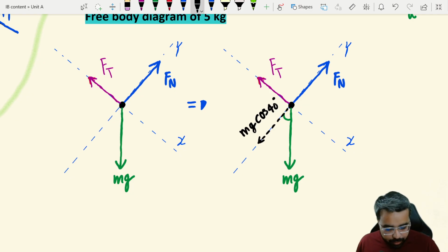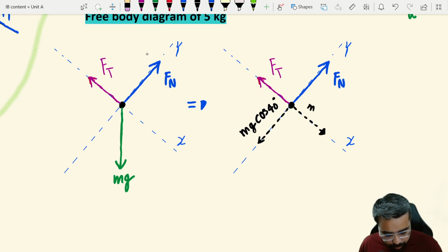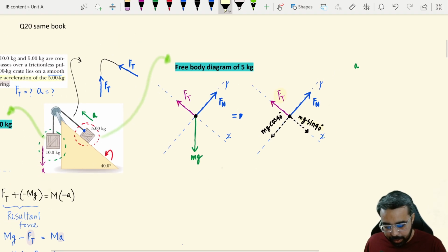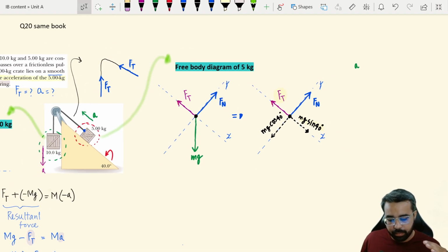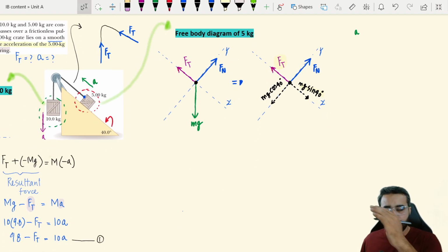The component that lies on the x-axis must be the x component. Since I have split mg into its components, I'm going to remove mg now, because we have already made its components. So that's mg sin 40. Now you see in this diagram, the force of tension is more than mg sin 40. That's why this 5 kg package is accelerating up the incline.